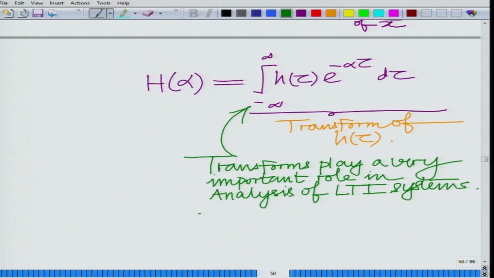The transform is nothing but the eigenvalue.